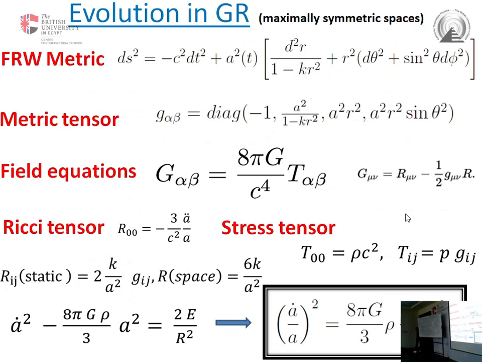They can all be made diagonal because of the isotropy, and they're the same in all slices. Because of isotropy and homogeneity, we know the metric tensor is diagonal, so the energy momentum tensor and they are related.